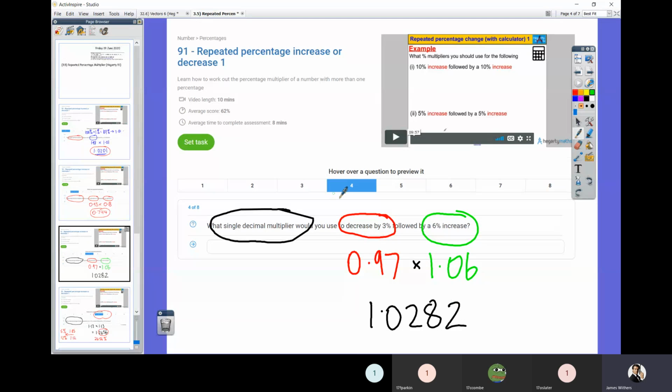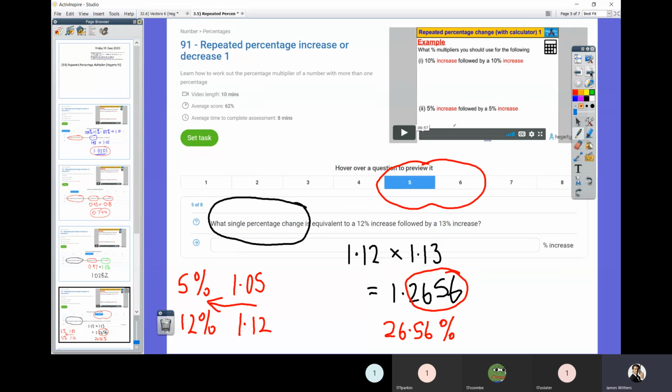So it should be possible to get 4 out of 8, which is 50%, fairly straightforwardly, I think. I admit that questions 5, 6, 7, and 8 are a bit trickier. But I didn't want to just leave those out because some of you are doing jolly well at the moment, and I want to push you and give you some of the harder stuff, okay? But if you can only get 50% and get the first 4 right, that is fine.